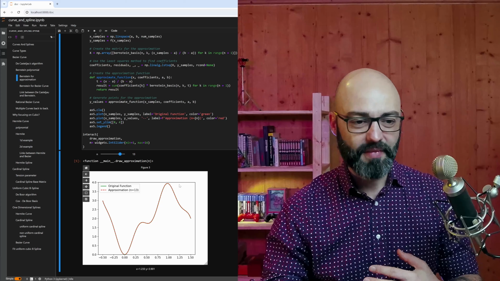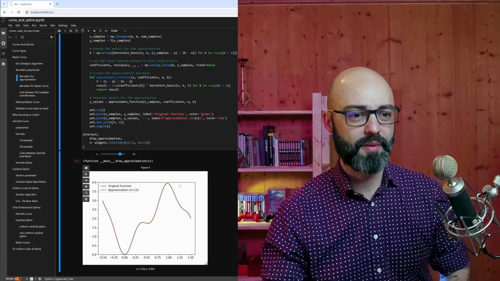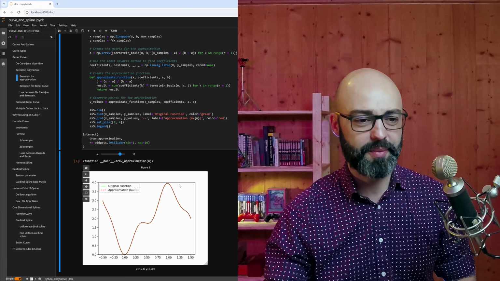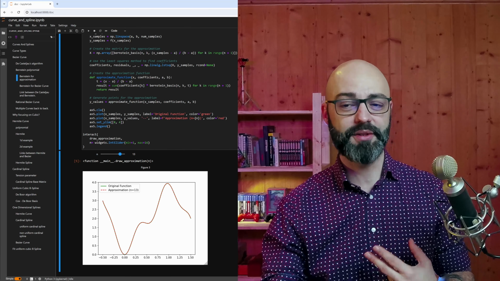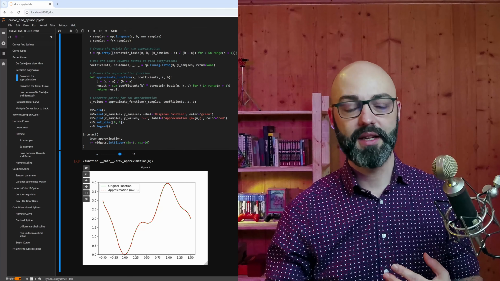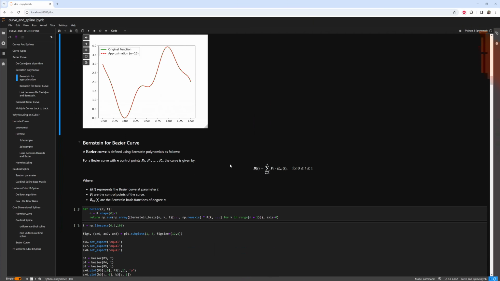Now, that's usually where you will encounter the Bernstein, but in our case, it can also be used to compute the Bezier curve. And how you compute a Bezier curve thanks to the Bernstein polynomials is, you basically take all the Bernstein functions for the degree of the Bezier curve you want to use.